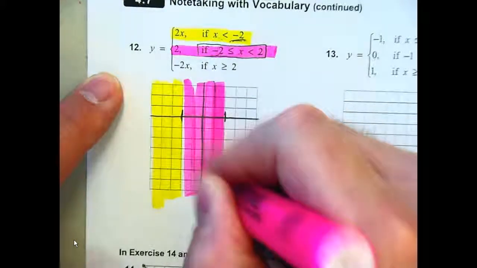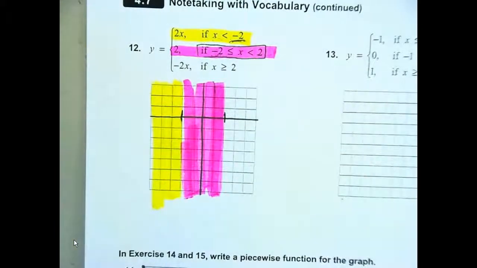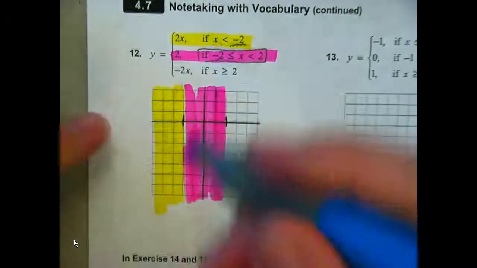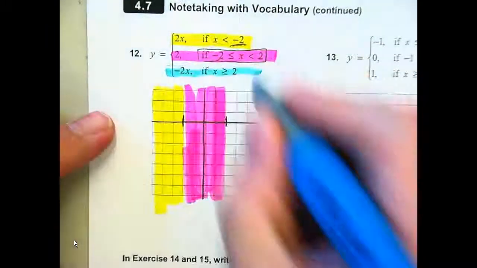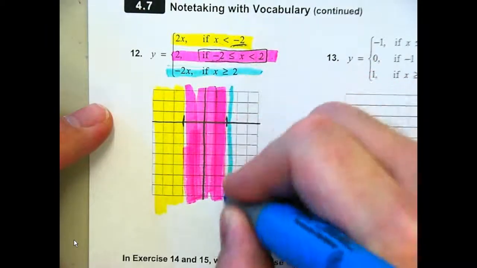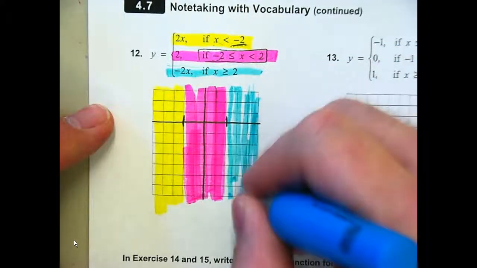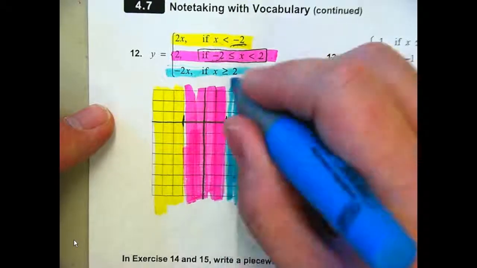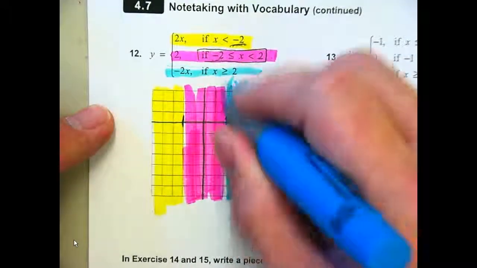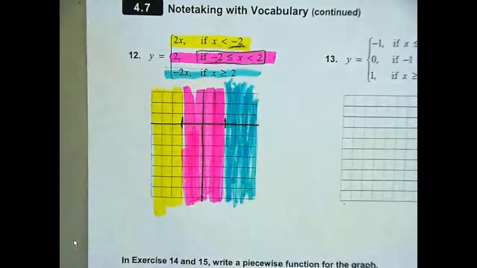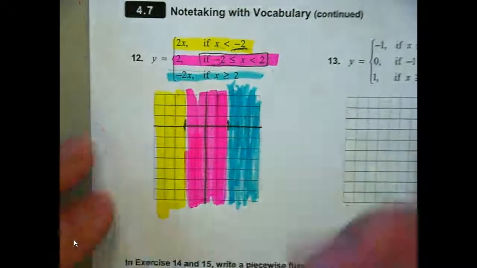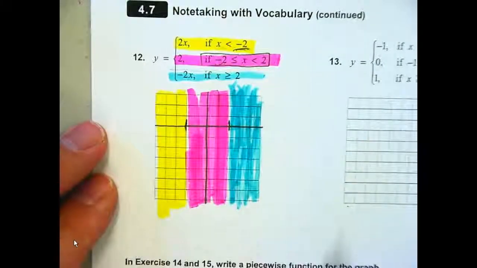And then I have this piece that exists over here. So fun to color. It is. Okay? So that's kind of how it's broken apart there. All right? So now all you have to do is graph these things in those sections.